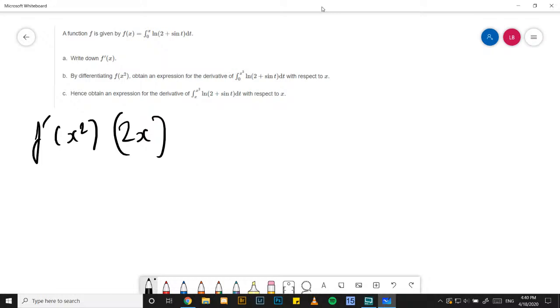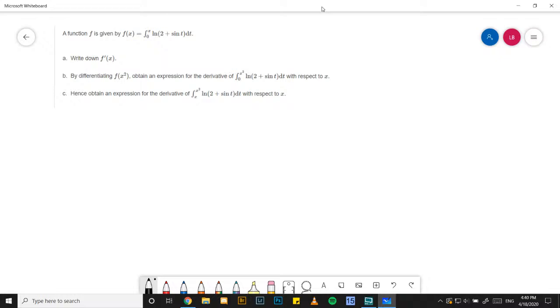So the derivative of f of x squared is equal to the derivative of f at x squared times 2x. What you want is an expression for the derivative of the integral from 0 to x squared of ln(2 plus sine t) dt, and you would use the chain rule on it.